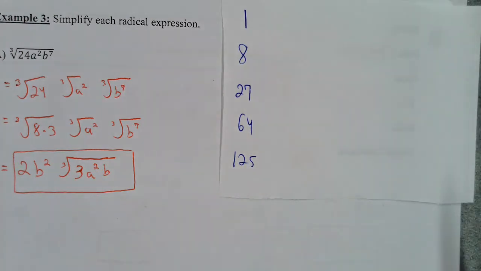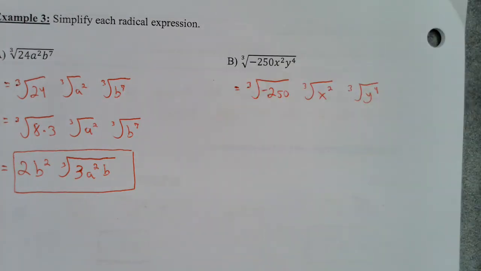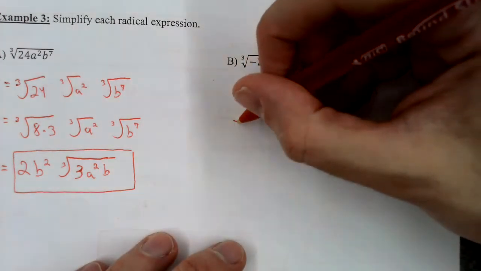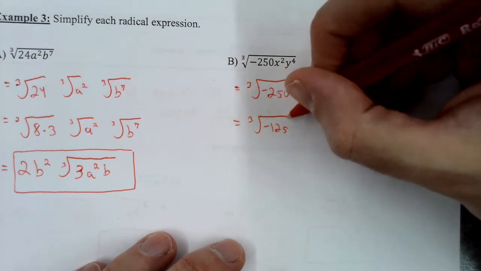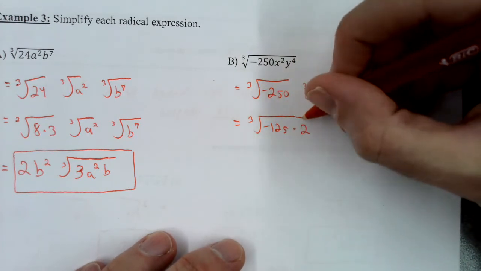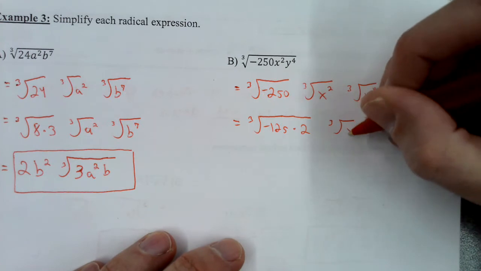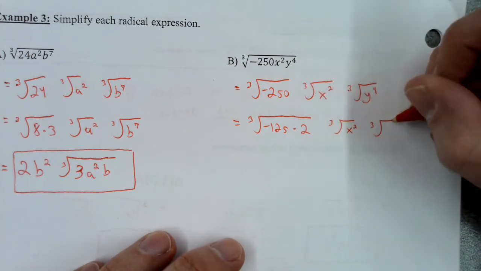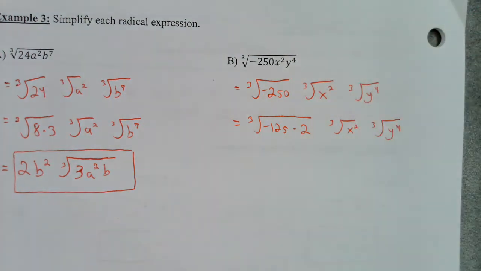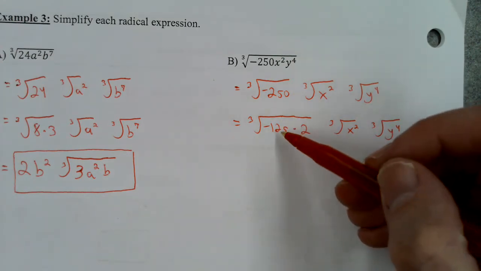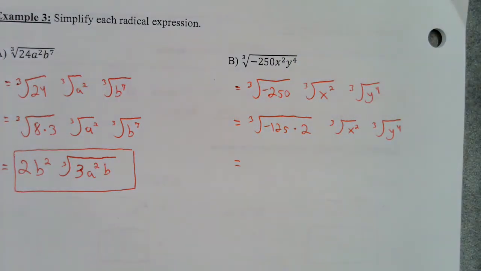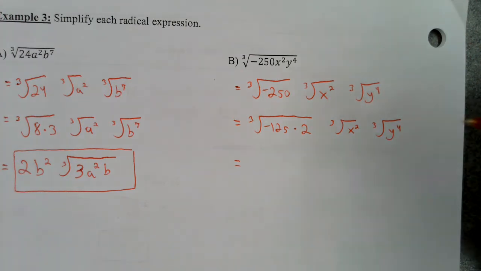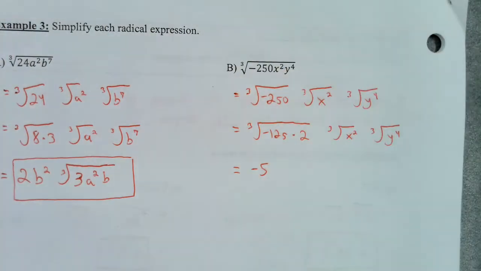I'm going to use negative 125. Now let's take out, what is the cube root of negative 125? What number times itself 3 times is negative 125? The answer is negative 5.